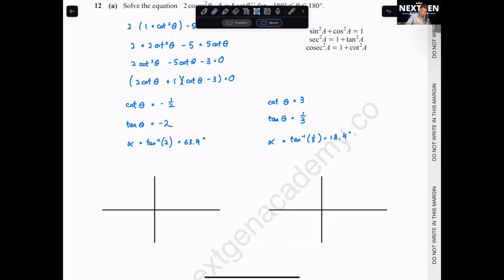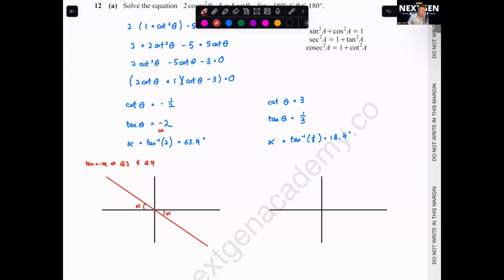Your tangent is negative. So ASTC, quadrant 2 and quadrant 4. Because tangent is negative, we will put here and here for the alpha.